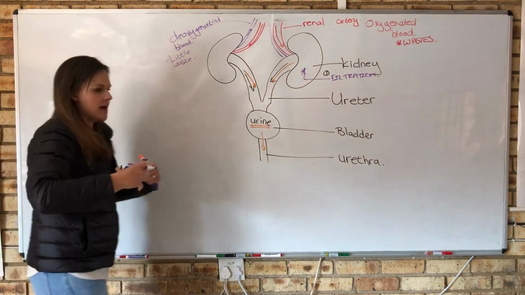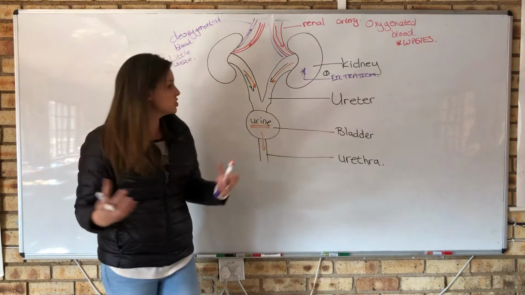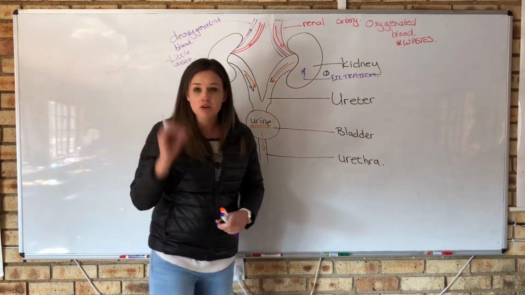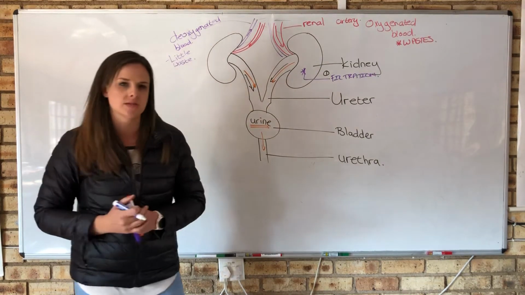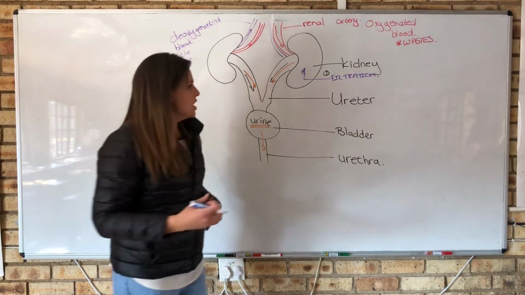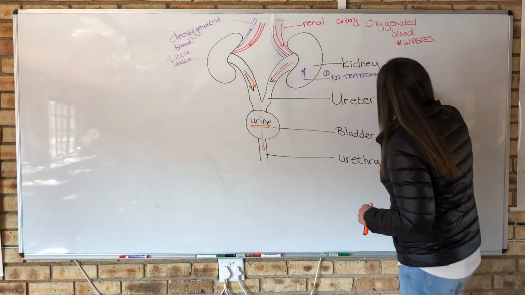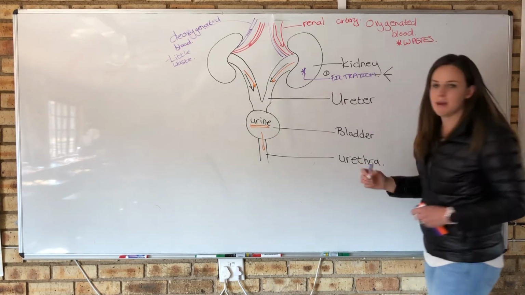Filtration is making sure that any substances that need to be eliminated are brought into the kidney so that we can eliminate that. In grade 11, we'll look at that process in a little bit more detail. But for grade 9, you just need to know that filtration happens. And when filtration does happen, grade 9s, unfortunately, we don't only filter bad stuff.